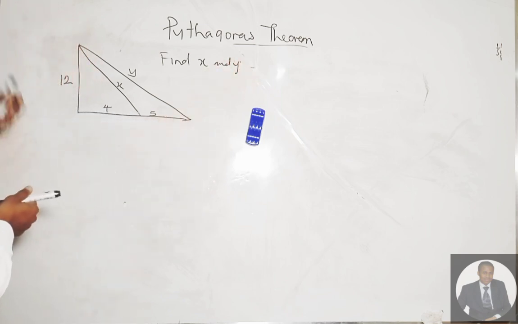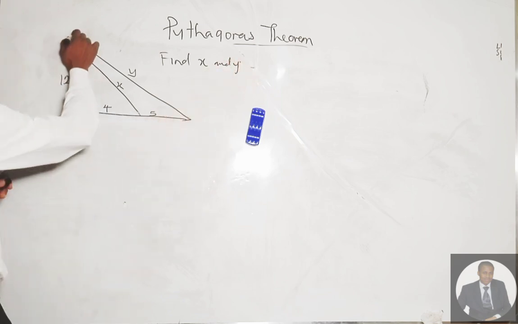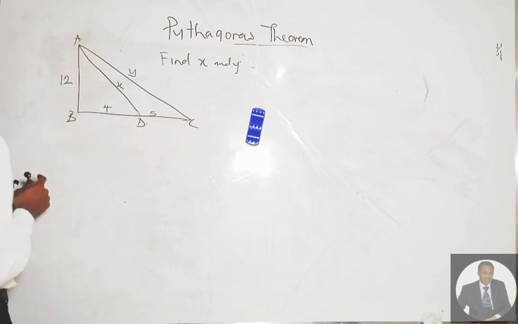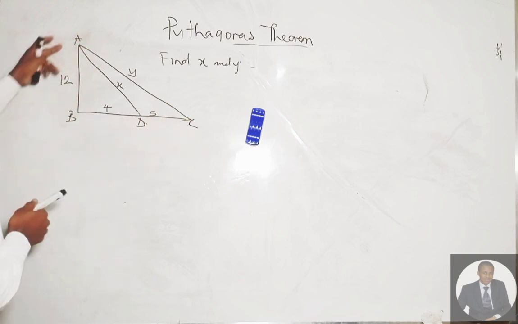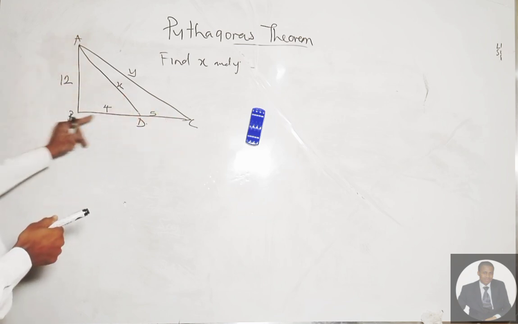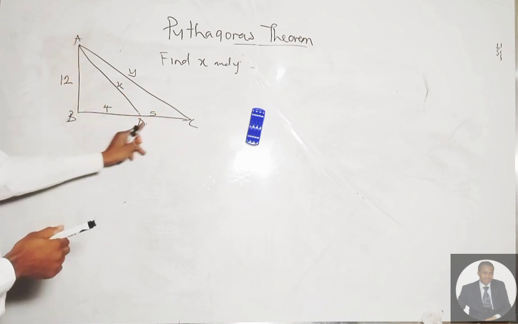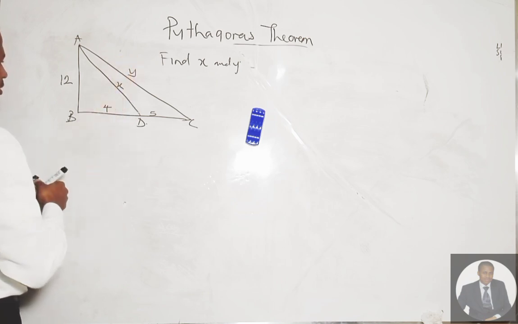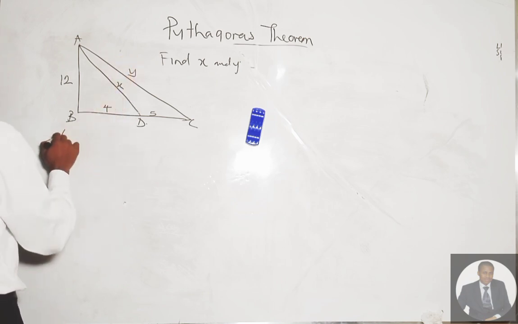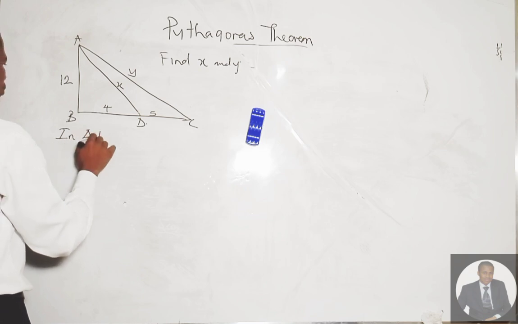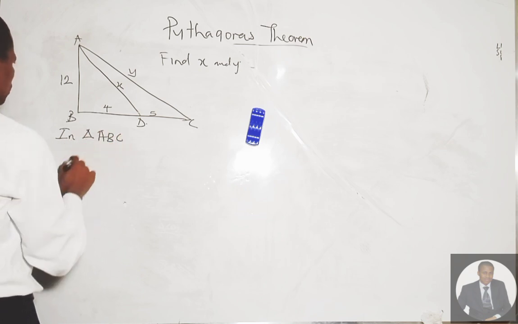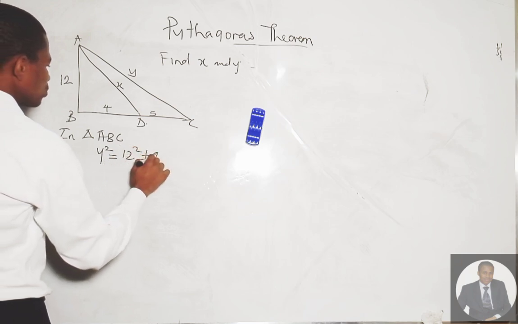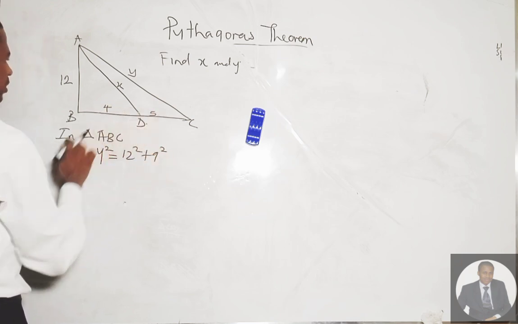How do we do this? Let's label this as A, B, C, D. So we have 3 triangles here: triangle ABC, triangle ABD, and triangle ADC. Now, let's say in triangle ABC, y squared will be 12 squared plus 9 squared, 4 plus 5, 9.